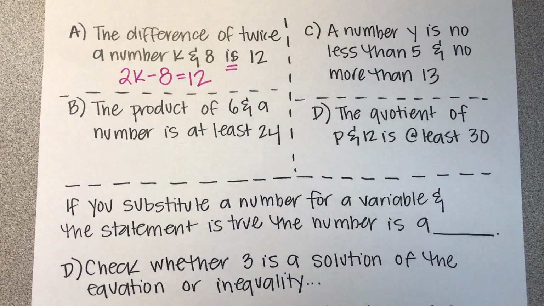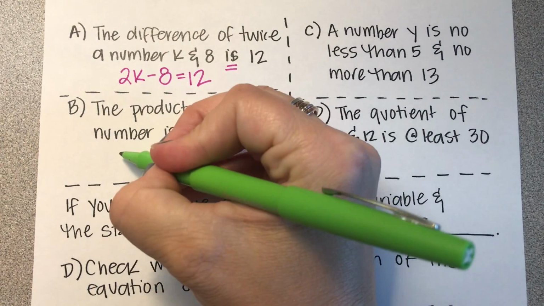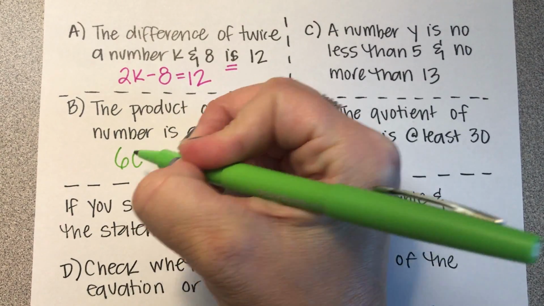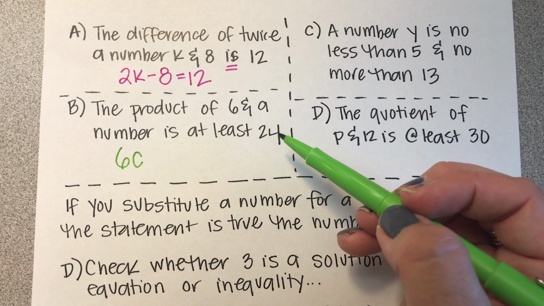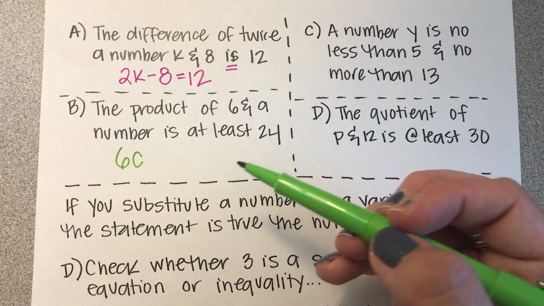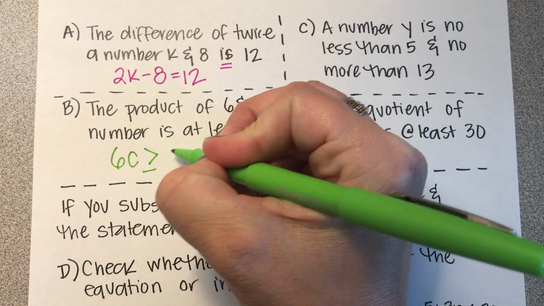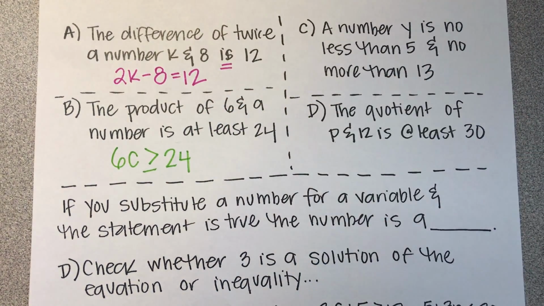Look at letter B. It says the product of 6 and a number, so product means multiply, so 6 times a number, that product is at least 24. So you have at least $24. That's greater than or equal to 24. You could also refer back to the notes we took earlier.